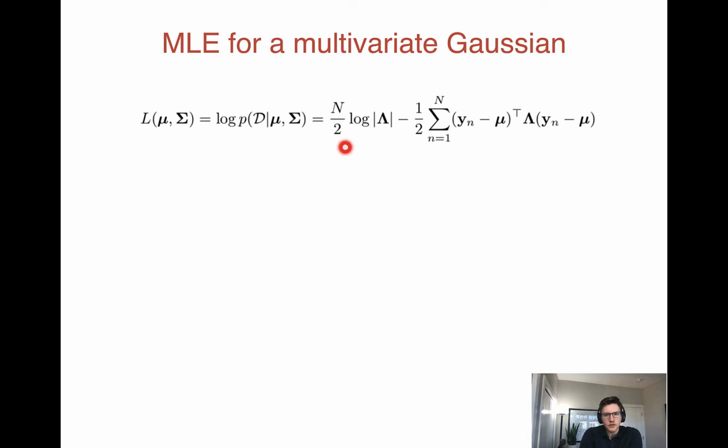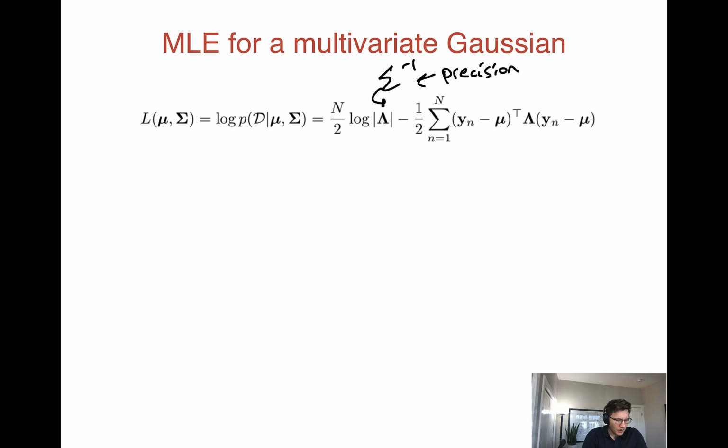Here's our first term after we've taken the log. By the way, the textbook switches back and forth between this notation of big lambda for the inverse covariance matrix, also sometimes called the precision matrix.